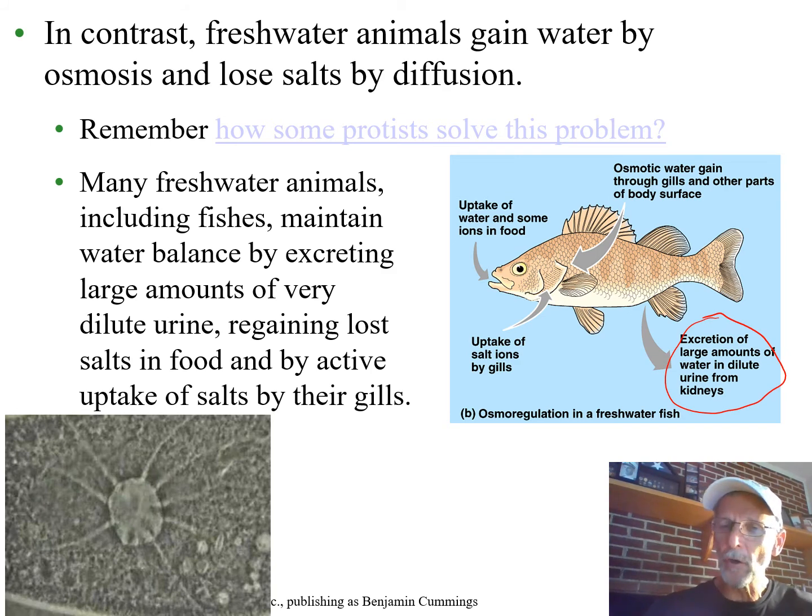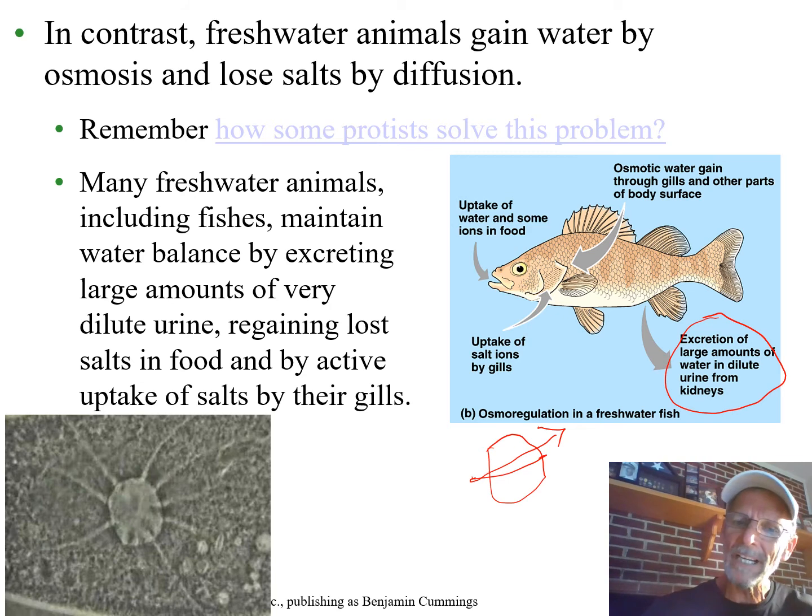Your urine is very dilute, it's not very concentrated, so you get rid of it that way. And then, flip side of the coin of your saltwater cousins, your cells have membrane pumps that will pump the salt in. The little salt that's in water, there's always some salt in water, is going to be pumped into those cells and into your body. So it's really the flip side of the coin with saltwater and freshwater fish.